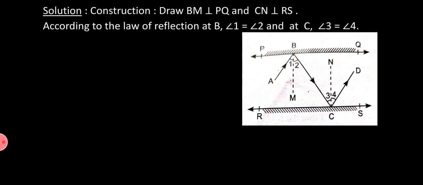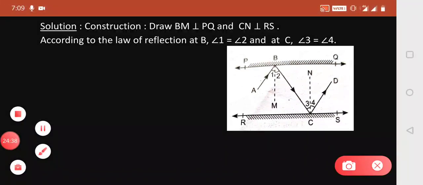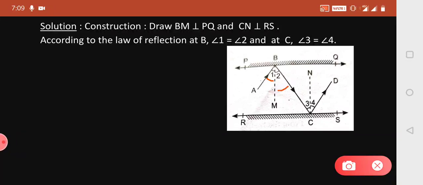So we write that angle 1 equal to angle 2, because when the ray is reflected at B on mirror PQ, we get angle 1 equal to angle 2. Similarly, when it is reflected at C, which is on mirror RS, we get angle 3 equal to angle 4.